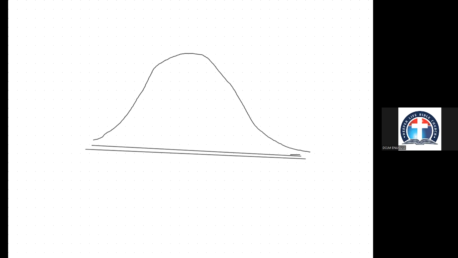Okay. So what I'm saying in essence is that if you draw your curve this way, can you all see the curve? Yes, sir. So we are saying that your 95% confidence interval, this is what it means.